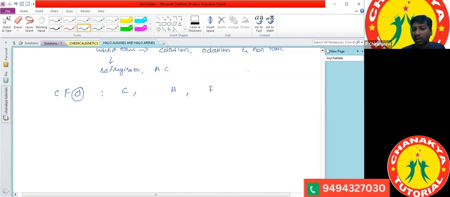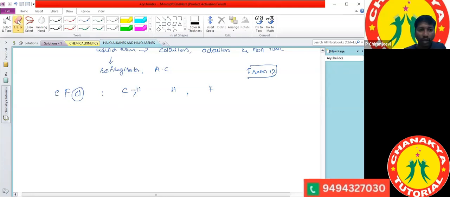Generally, the best example of the chlorofluorocarbons is Freon 12. Freon 12 is one of the best examples. How can we give the name? For the number of carbon atoms, the formula is C minus 1.